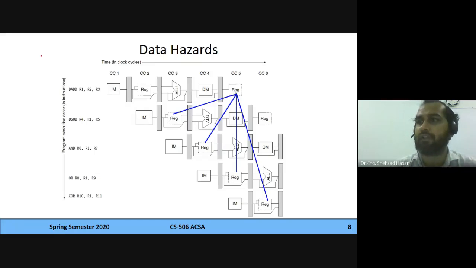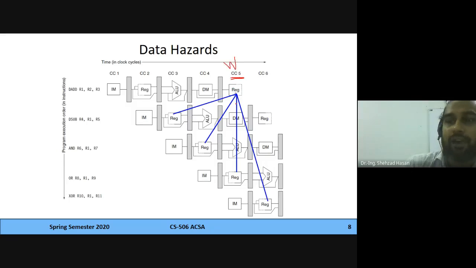Right. So if we talk about our first instruction, add, the cycle where it's going to produce its result is cycle number 5, and the first half of cycle number 5 is for the write operation. So it's going to write its result R1 in cycle number 5.